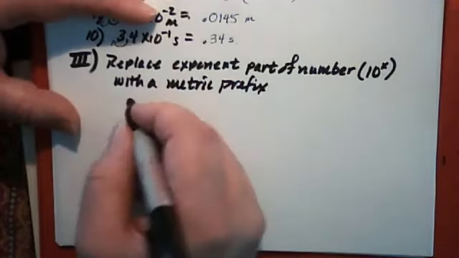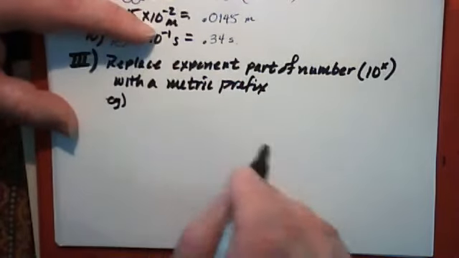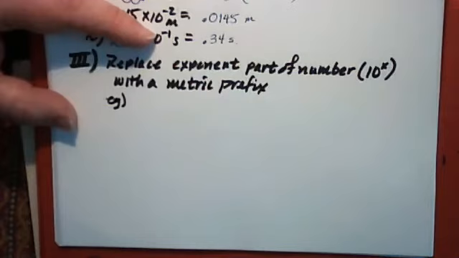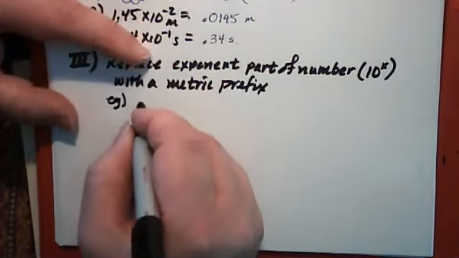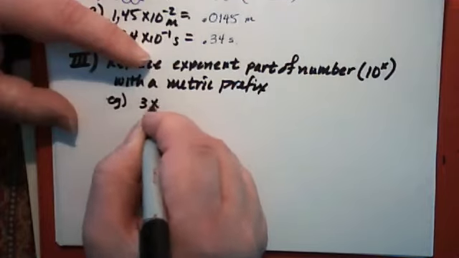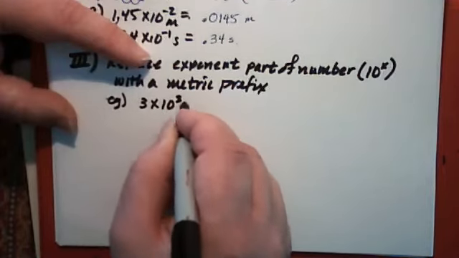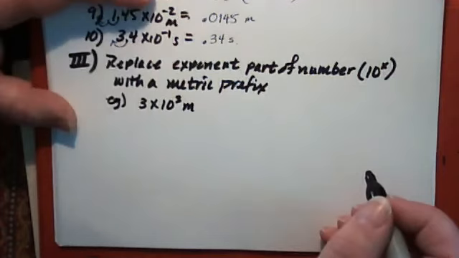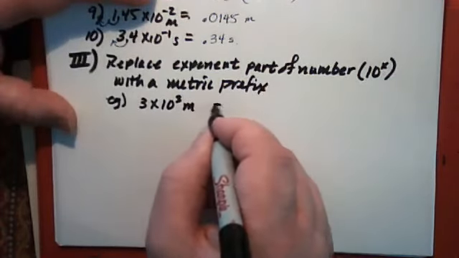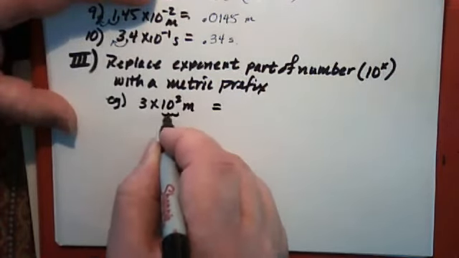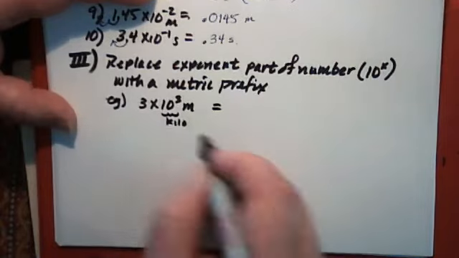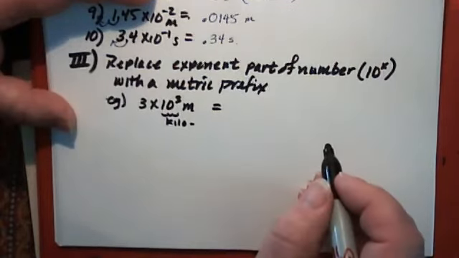So I'll work out an example and then I'll let you try the rest and then we'll compare results. If you had something like 3 times 10 to the third meters, well, 10 to the third is what the prefix kilo means.